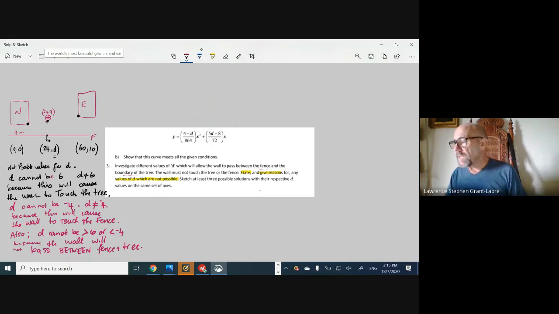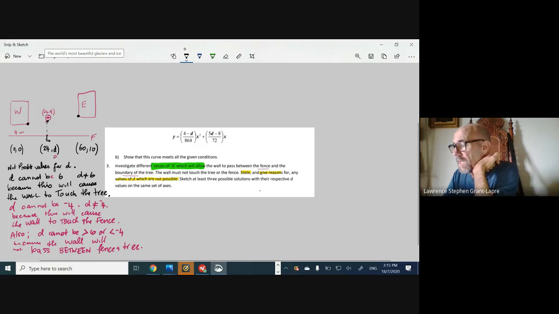All right, investigate different values of D. That's what we're doing. Now, you could use a graph to investigate this. However, we can see without a graph. You could graph it and test it, but this is not a difficult question because D happens to be the y coordinate of our point. What are the values of D which will allow the wall to pass between the fence and the tree?